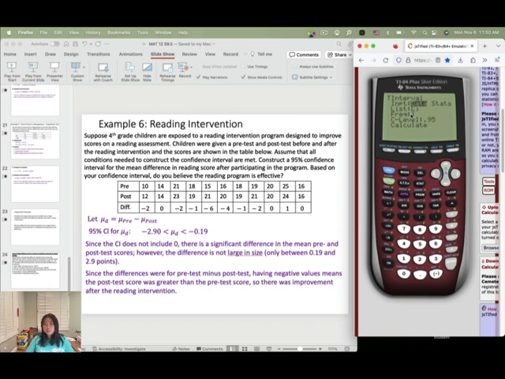The difference is on L3, so I put 2nd 3 for L3. Frequency, I just need to put 1 here. I'm constructing a 95% confidence interval, so 0.95, and then calculate. So this is how I get -2.9 and -1.9.